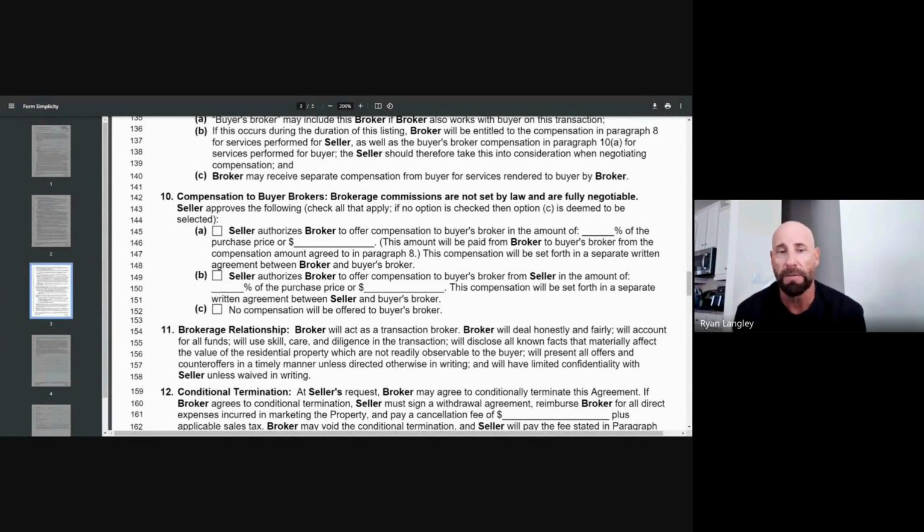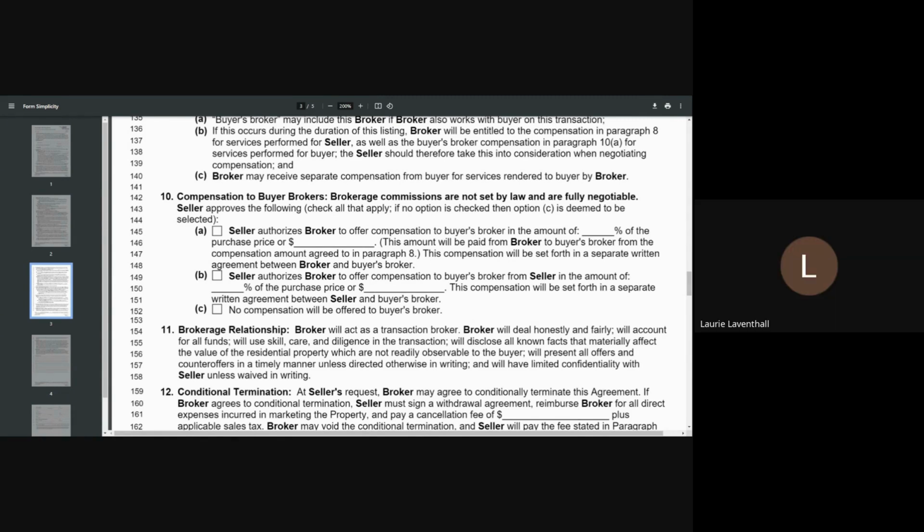You don't have to have a signed one to send them MLS auto emails and stuff like that, or any listing information. You have to before you show them a property. He's not even interested in seeing it. It's no inspection period. He says he's going to bulldoze the house and use the land.